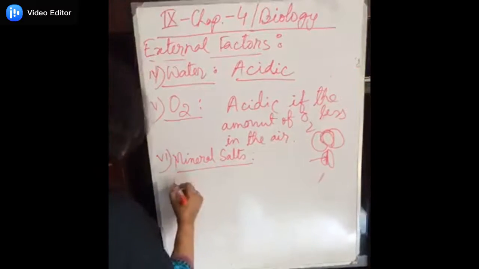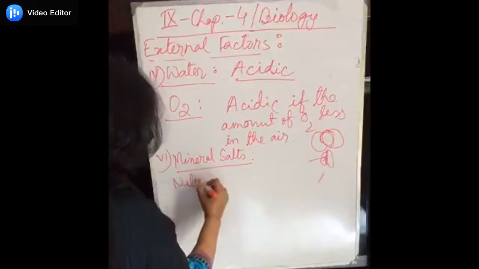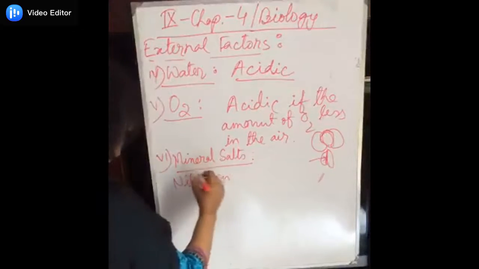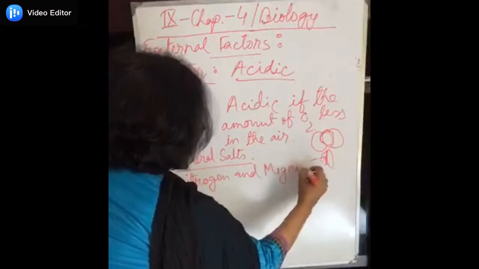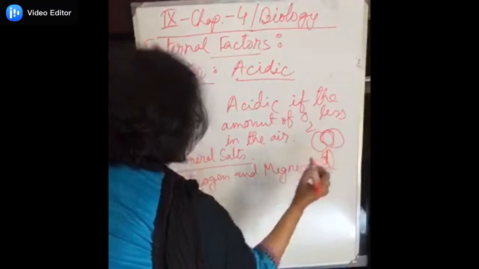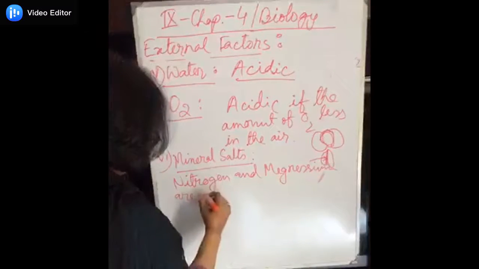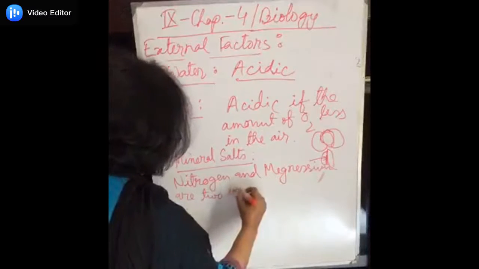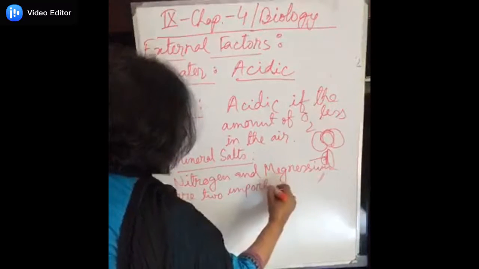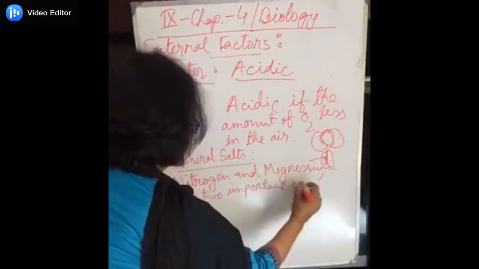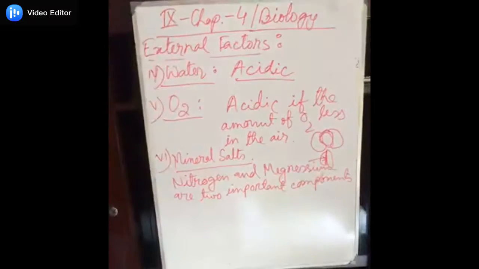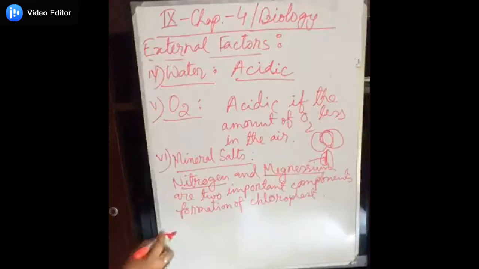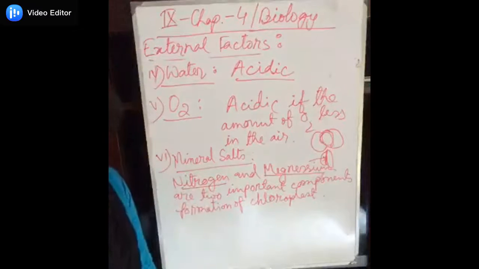By nitrogen and magnesium, which are two important components in the formation of chloroplast. If their amount becomes less, then the formation of chloroplast will be less.